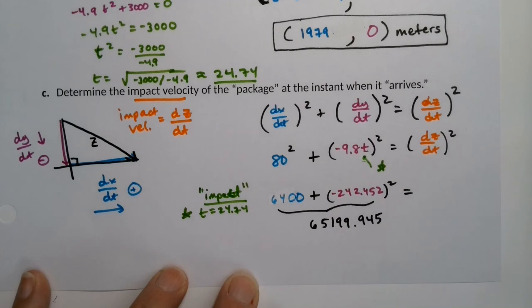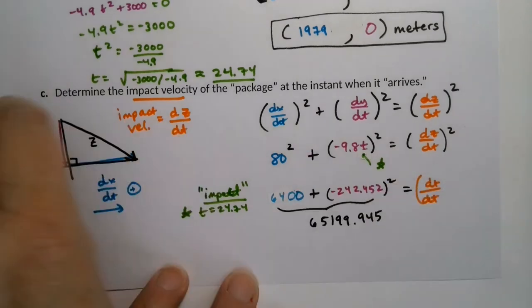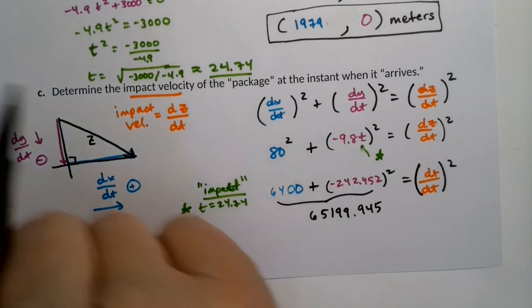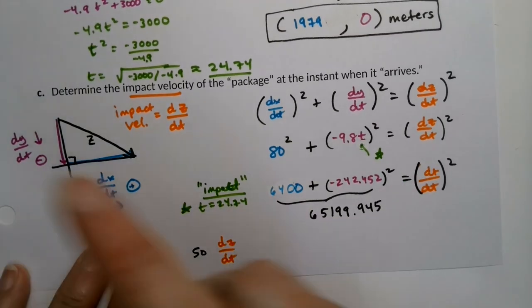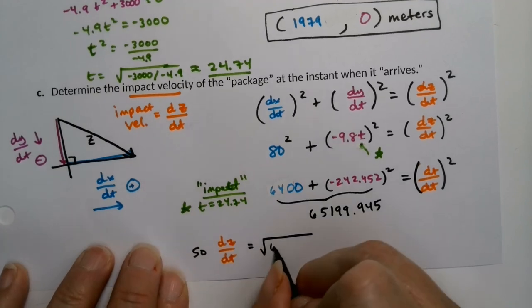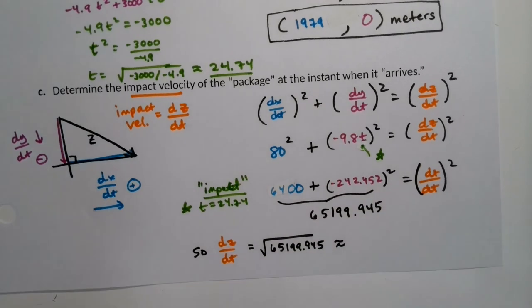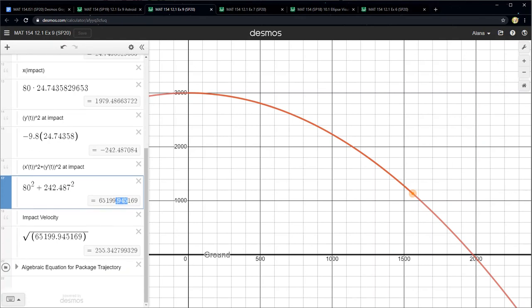And again, this is equal to (dz/dt) squared. So dz/dt would be equal to the square root of this value. So dz/dt, which is the impact velocity, would be equal to the square root of 65199.945, which is, according to Desmos, 255.34.